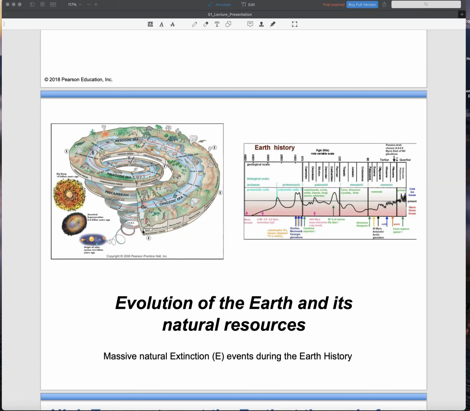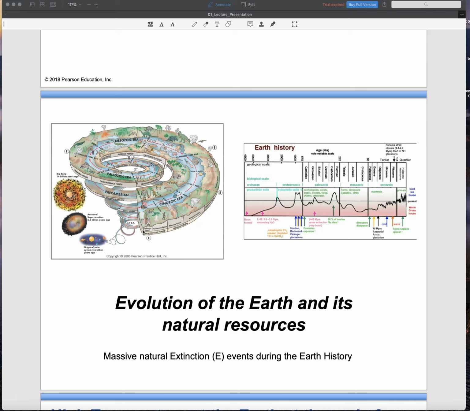So, just to tell you, if we are talking about 100 years, 100 years in geological time was yesterday. Keep in mind that the evolution of the Earth has been taking place over 4.5 billion years.